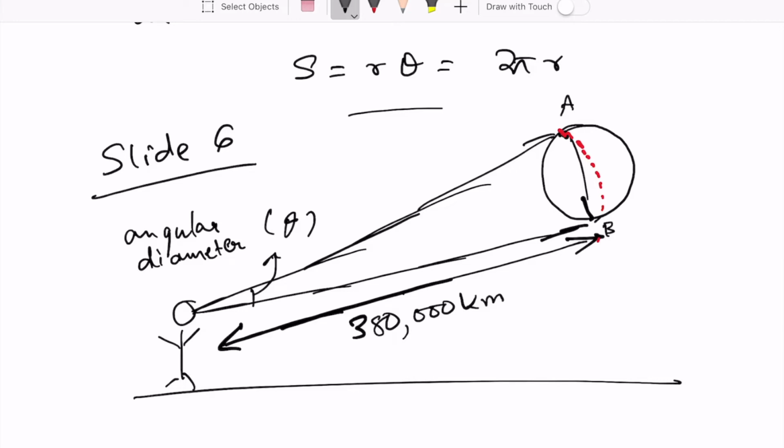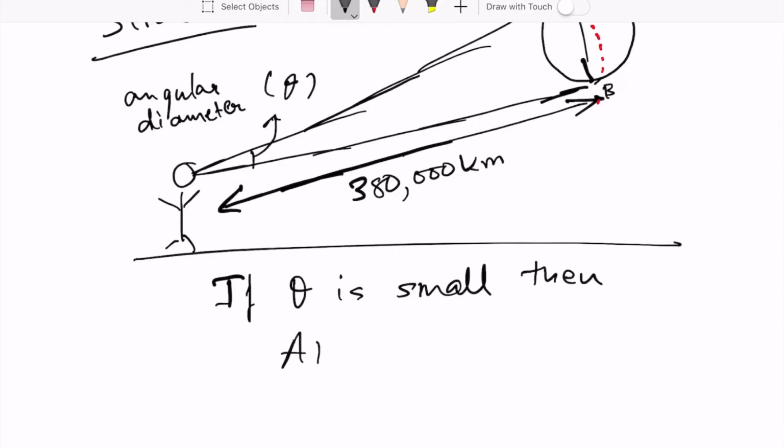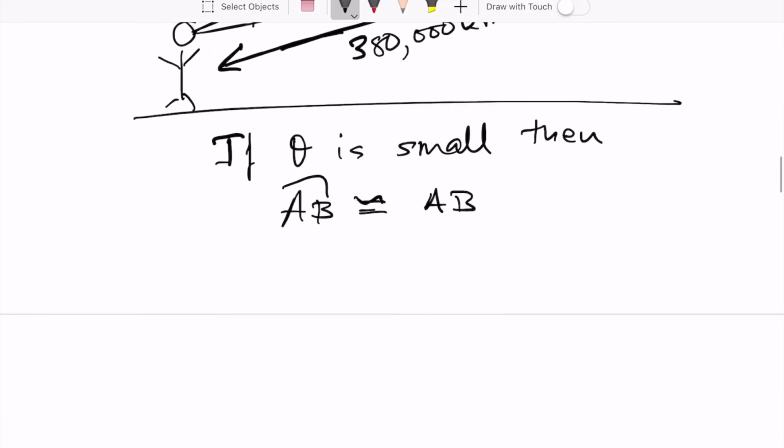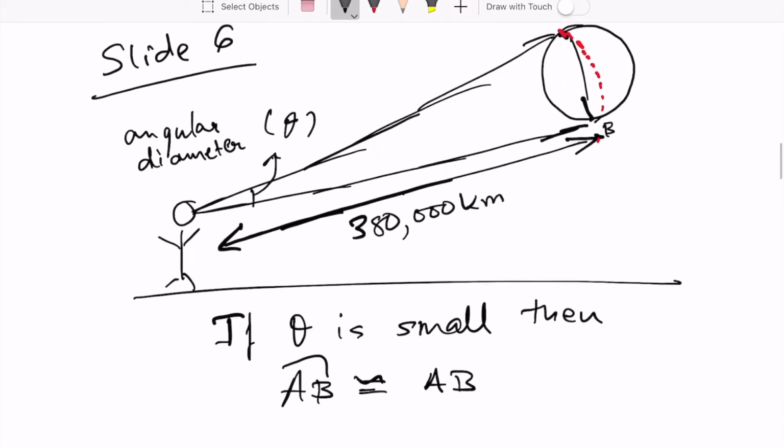So if theta is small, then the arc AB is approximately the same as the actual distance connecting the points A and B, which is the diameter of the moon, right? So in that case, we could just use the arc length and call that the physical diameter of the moon.